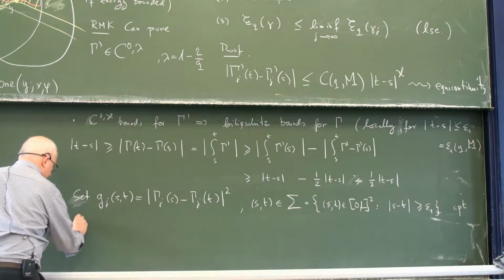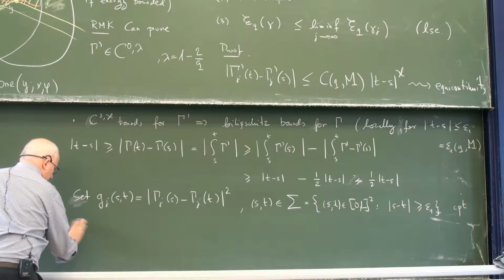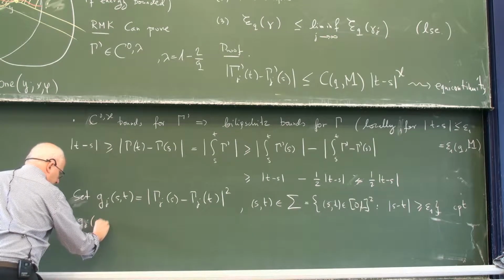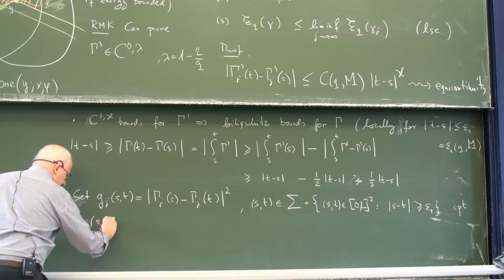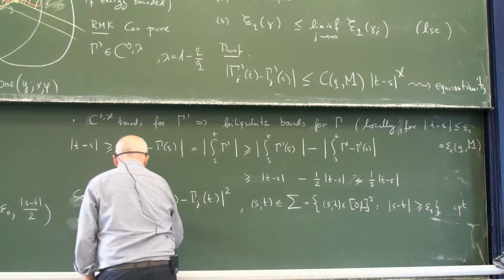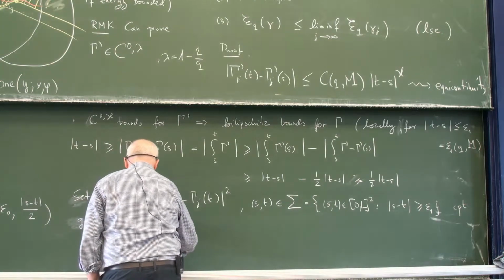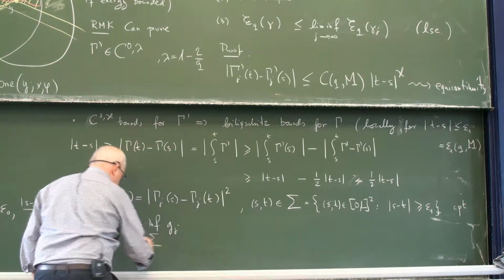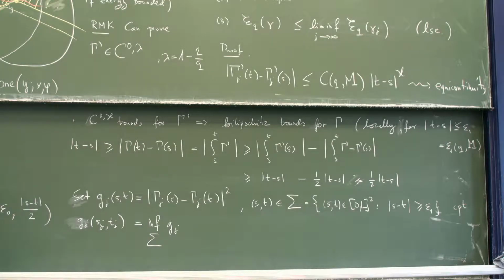So I can select for each j a couple of points, s_j and t_j, such that this is the lower bound of g_j on sigma. How are these points located?